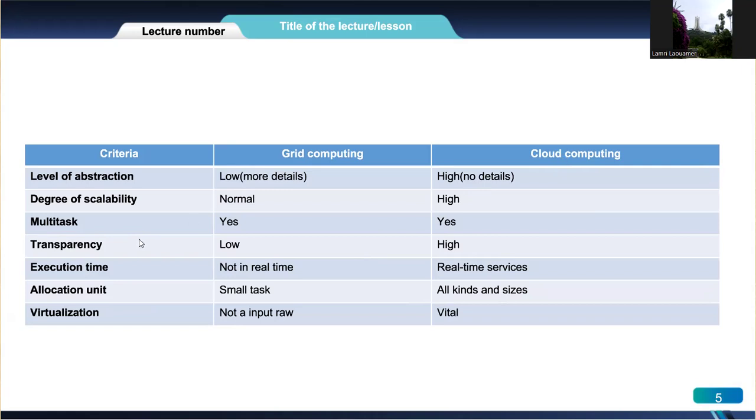For transparency, grid is low, but cloud is high. For the execution time, grid computing is not in real time, contrary to cloud computing, which is in real time. For the allocation unit, grid computing is based on small tasks, but cloud handles all kinds and sizes.